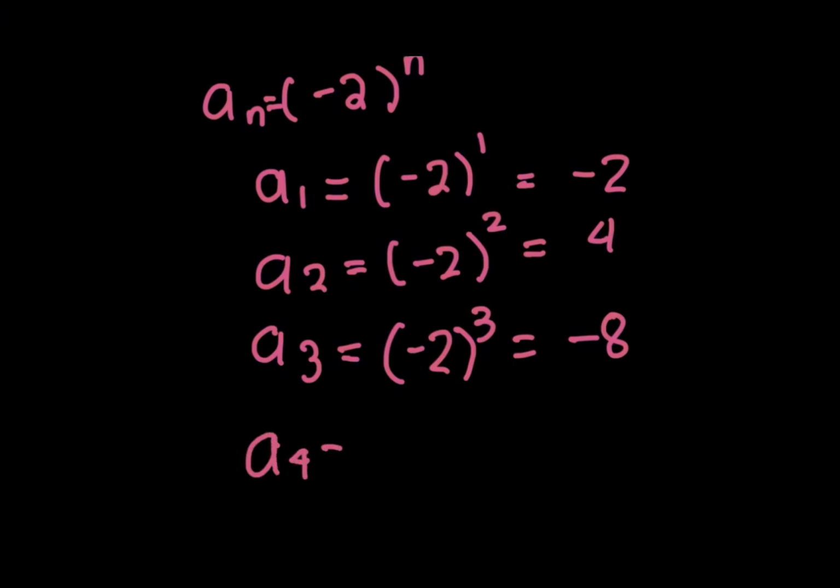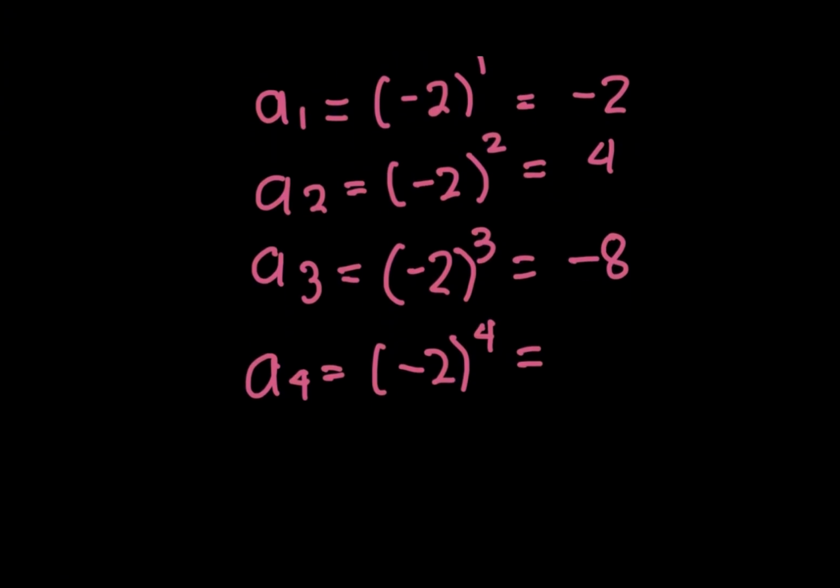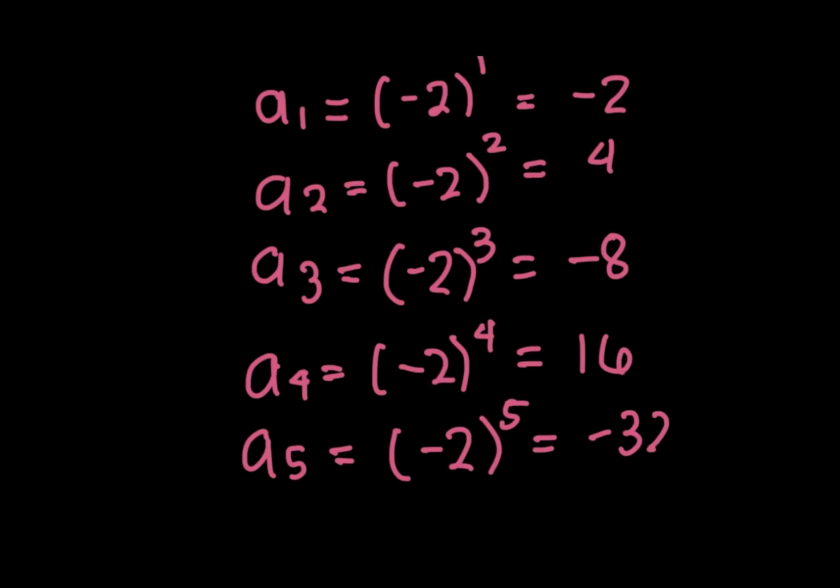A sub 4, that is negative 2 to the 4th power. Since it's a 4th power, the answer is positive 16. And we have term 5, or a sub 5, negative 2 to the 5th power. This is negative 32.